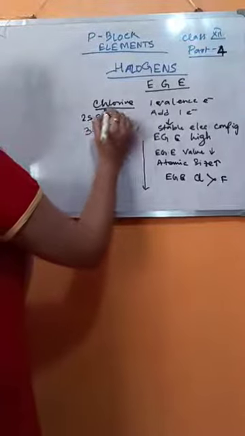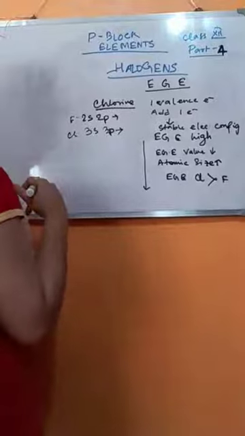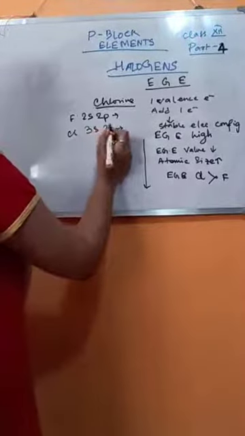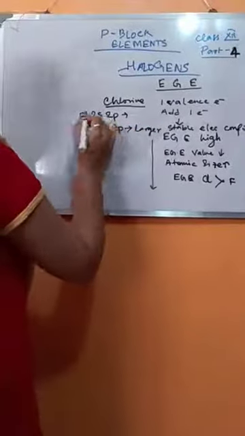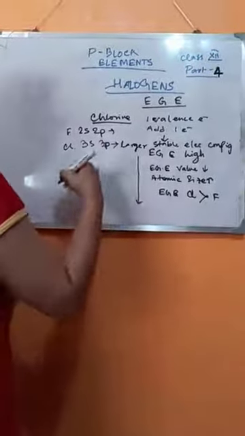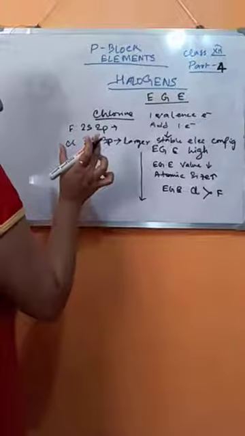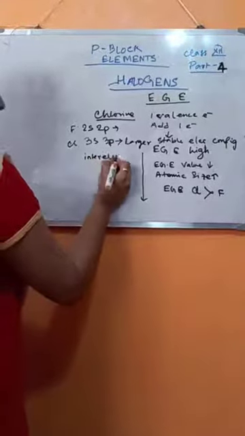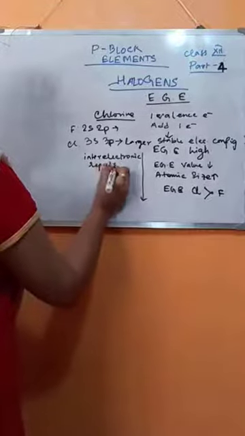fluorine has only 2 shells and chlorine has 3 shells, and there are 3s 3p orbitals whose size is larger than that of 2s and 2p. For fluorine, if an electron is added, then due to the small size there will be inter-electronic repulsion.